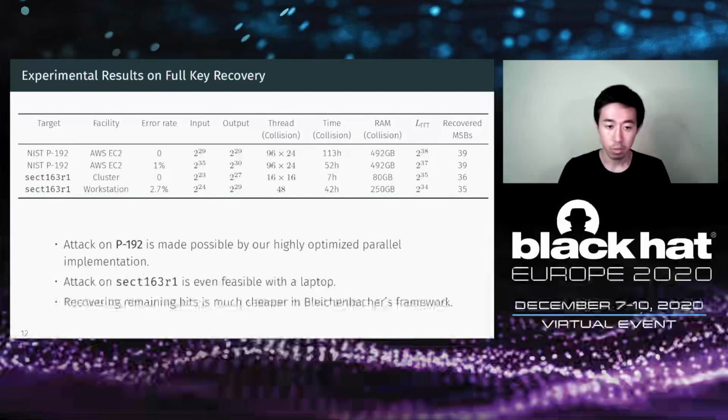Also, in this attack experiment, we confirmed that the attack even works under some errors by using a bit more signatures than a non-error case. In the case of 163-bit curve, the attack complexity was actually much more modest. So in principle, you could even execute the entire attack against a 163-bit case in a small laptop.